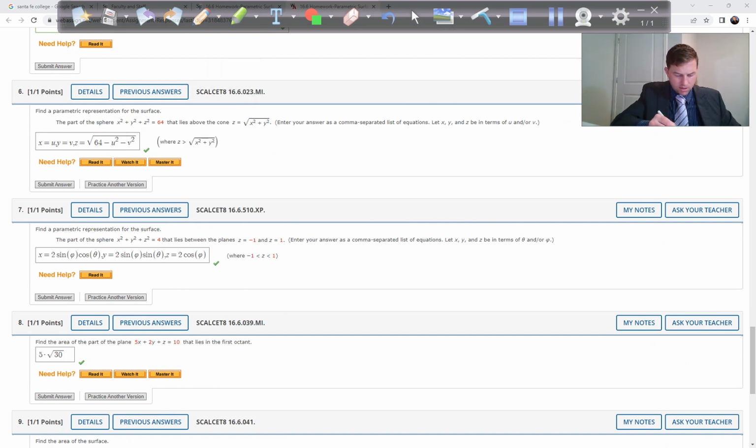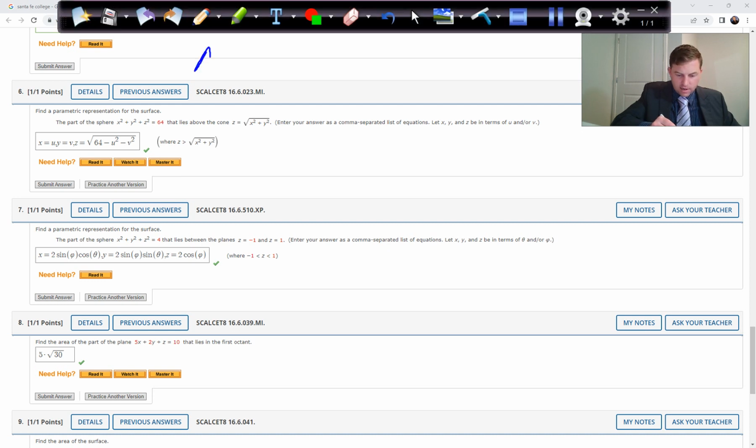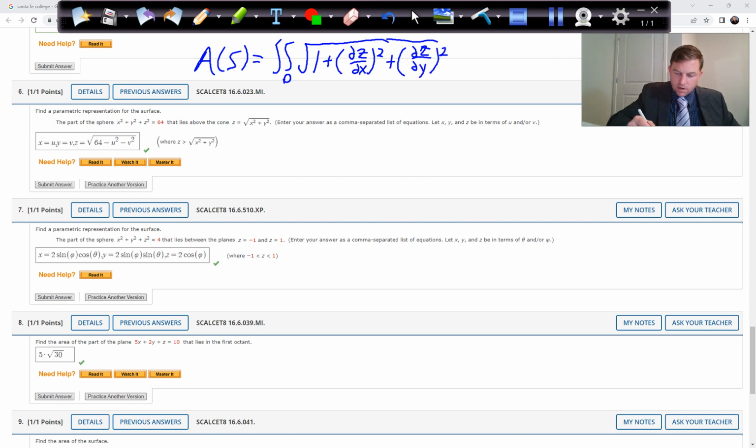So we want to calculate the area of a surface, and that's going to equal the double integral of the square root of 1 plus dz dx squared, it's actually 2 dimensions really, because we're going to solve for z, plus dz dy squared dA. So this is the formula we're going to use. And so we just need to solve for z.